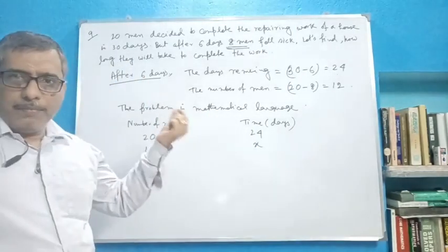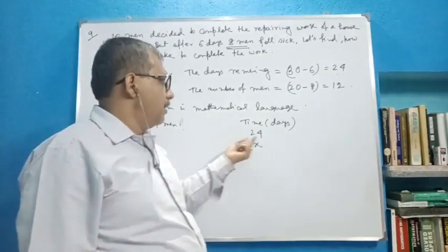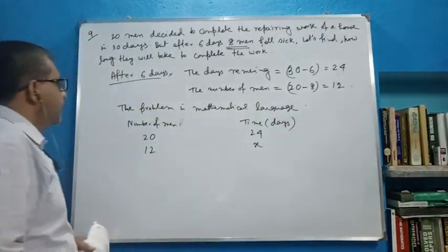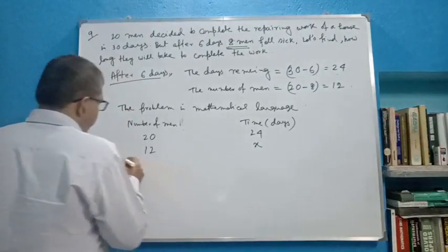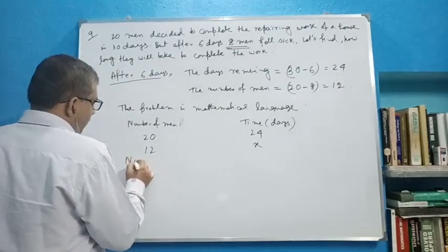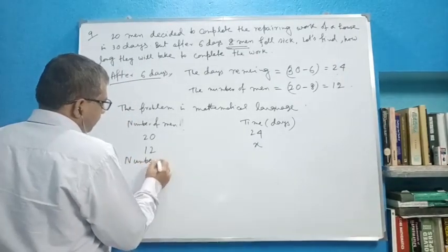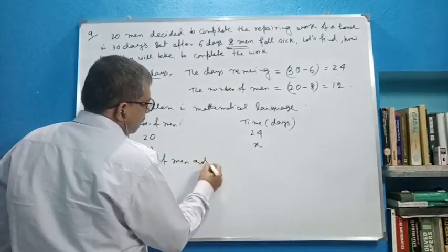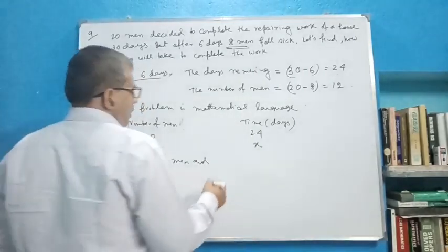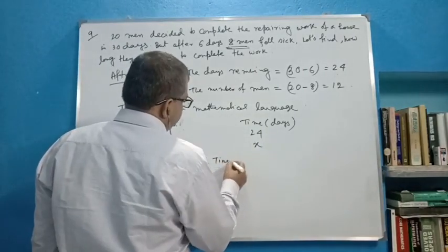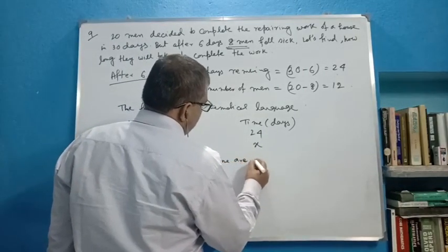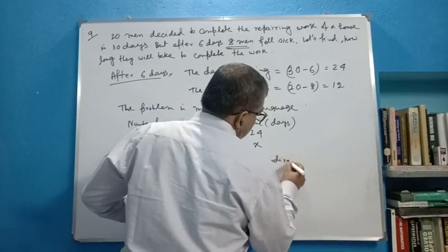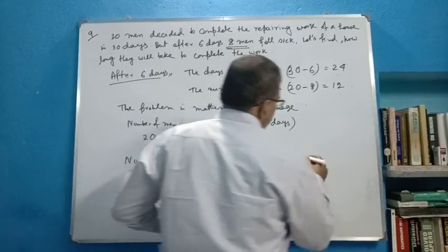And if the number of men decreases, then what happens? Time also increases. So these are in indirect proportion. Now, the number of men and time are in indirect proportion.